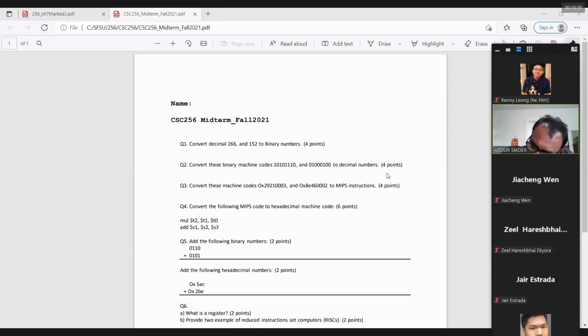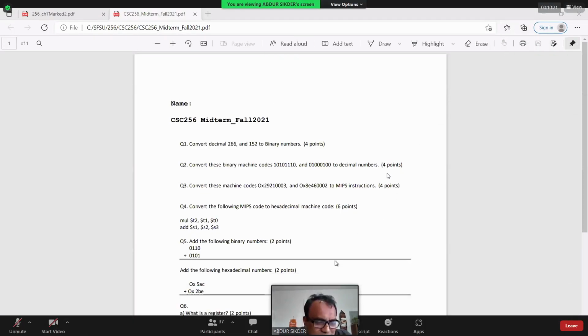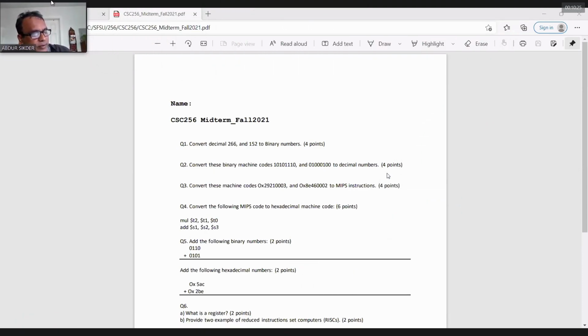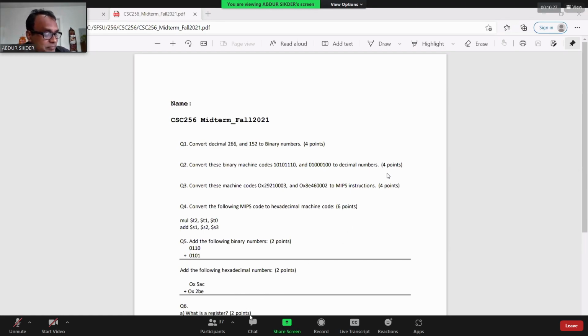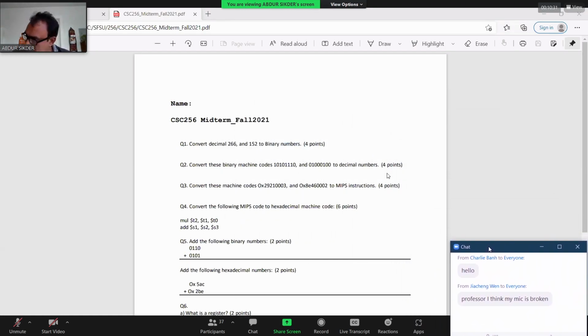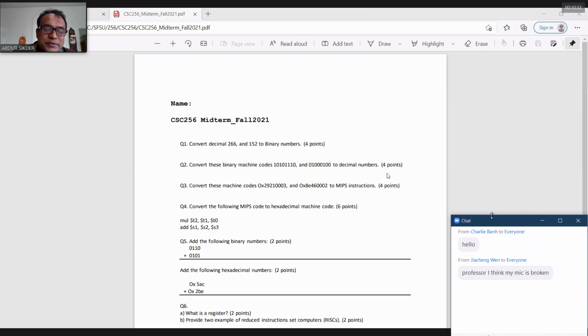I mean, for me, it's probably a mixed reaction, but I have one frustration: people couldn't answer most of the short questions, only one or two answered correctly. What is a register? I don't know why it was so hard.